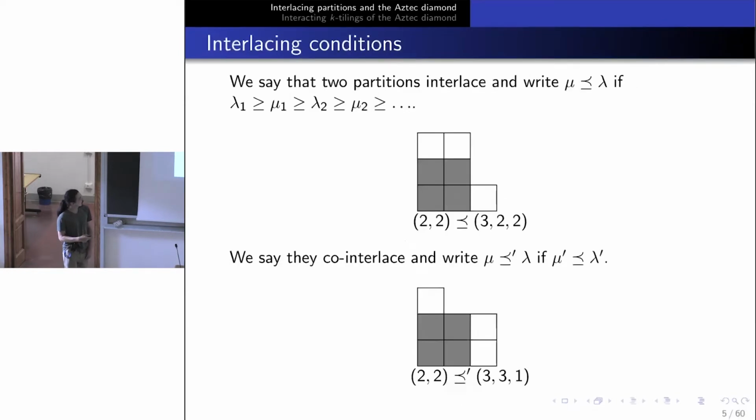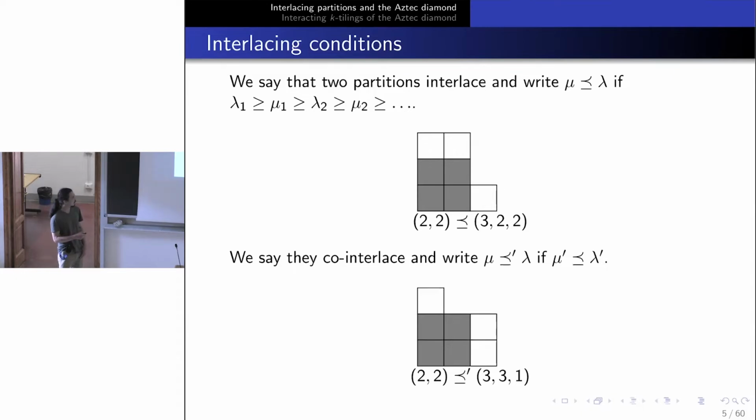We say that 2 partitions interlace if their parts satisfy this interlacing condition. It's easier to see in the diagram. 2,2 and 3,2,2 interlace because the cells that we have to add to the diagram for 2,2 to get 3,2,2, you don't add more than 1 cell in each column.